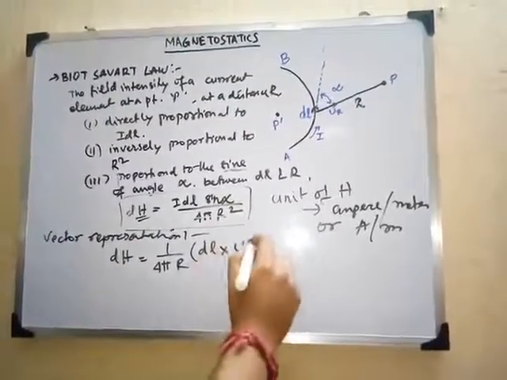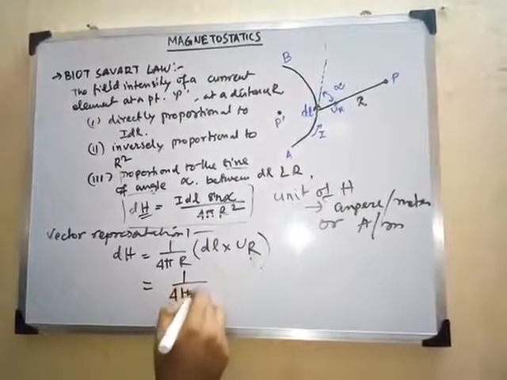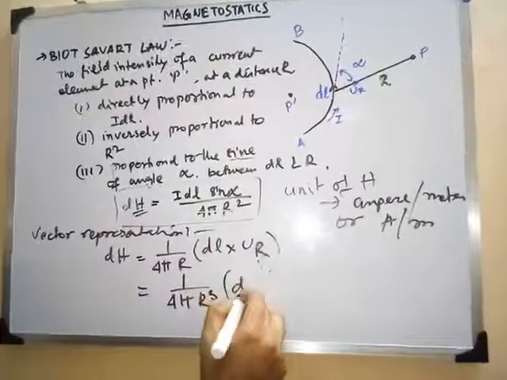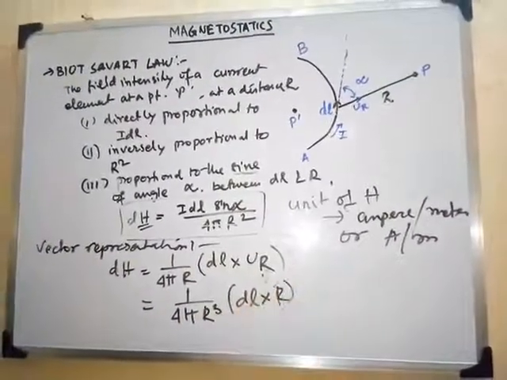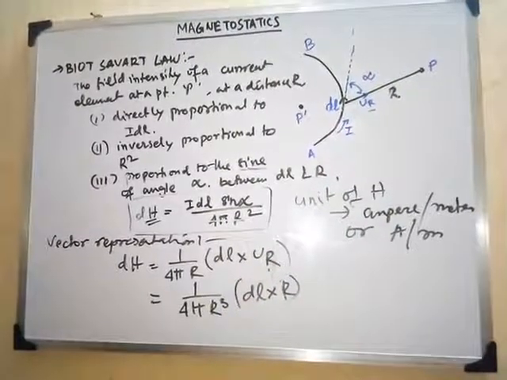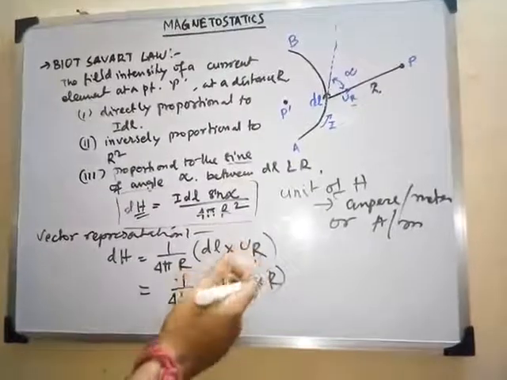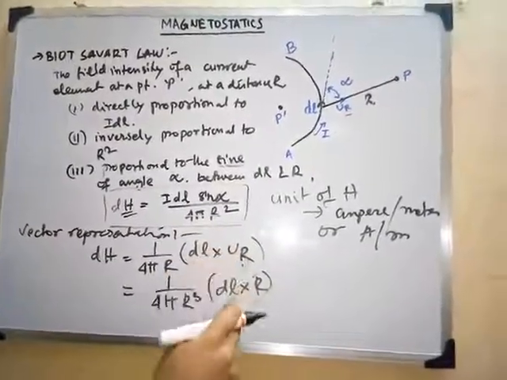So this will be equal to 1 by 4 pi R cube, dL cross R, right? u_R is the unit vector which I have taken as u; you can take it as a_R, b_R, whatever, it is just a variable representing the unit vector.